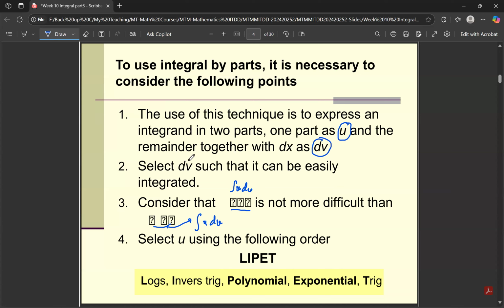We must select dv such that it can be easily integrated, because on the right we must have a v. So we must integrate dv such that we can then integrate v du.